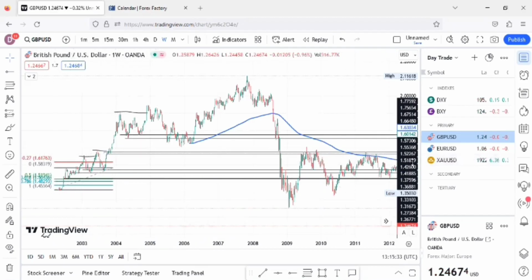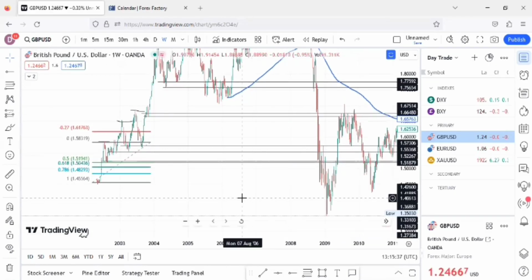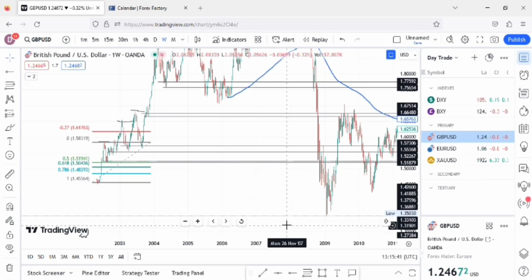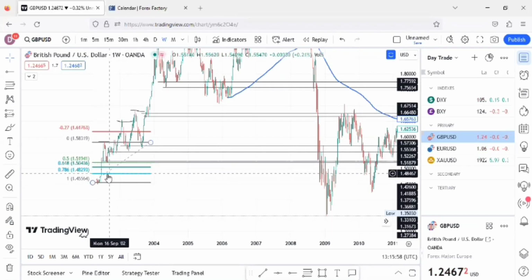There are some levels on Fibonacci that you consider strong levels you need to watch, and they are 50%, 61.8%, then 78.6%. Those are the three levels.